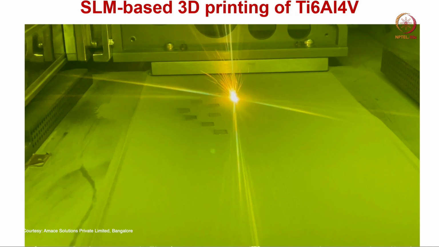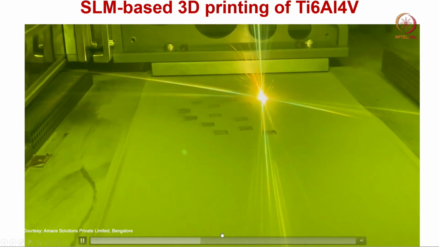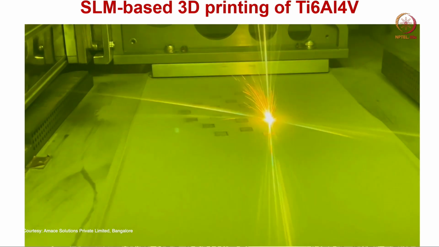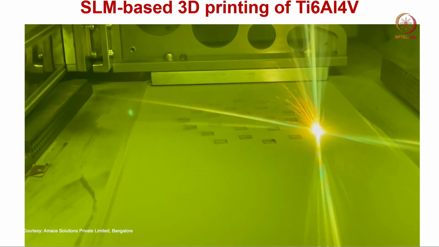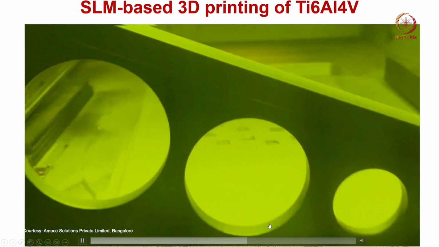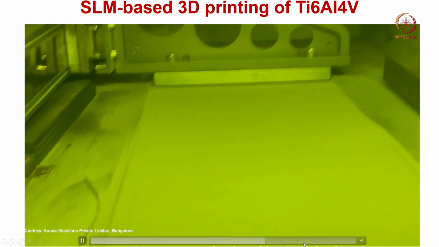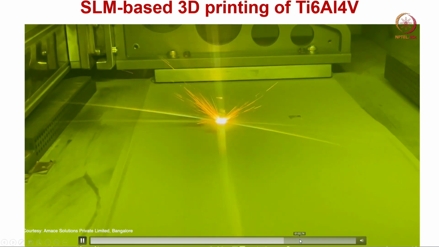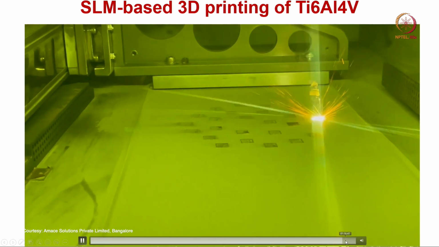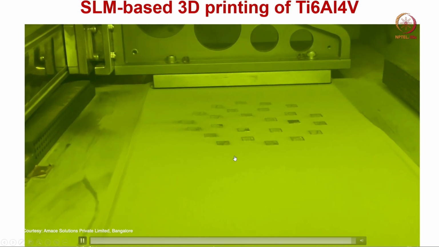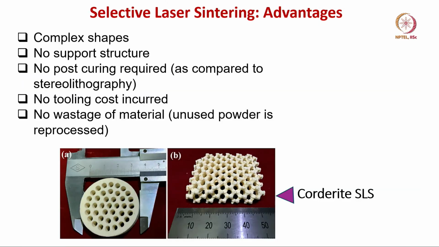In this layer by layer process the material will be built up, and at the end of the process you can see how different components are fabricated. This is another layer that is being deposited. So, this is all about SLM based 3D printing of Ti6Al4V.